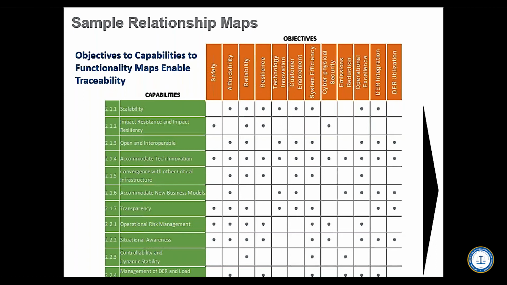So what we've done in these maps, and these are in our Modern Distribution Grid report in Volume 1, is list the objectives, the same set of objectives I just showed on the prior slide, and then, just to illustrate, the capabilities, a set of generic capabilities.